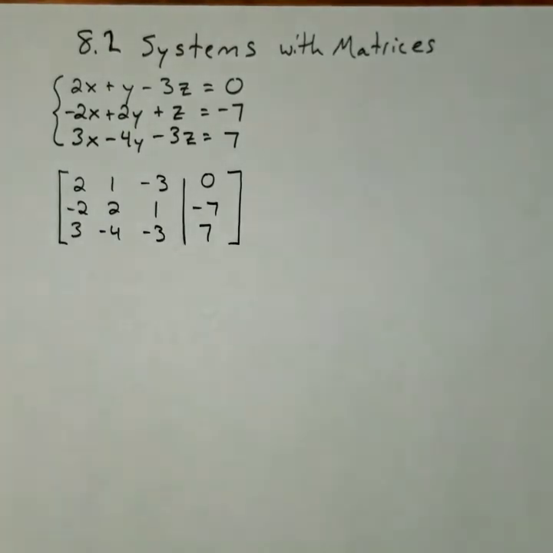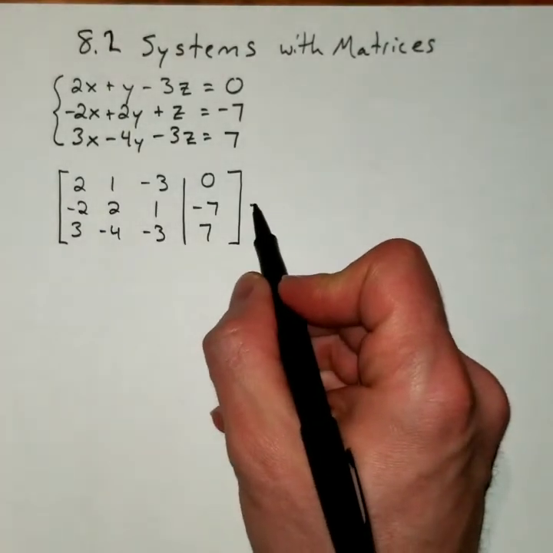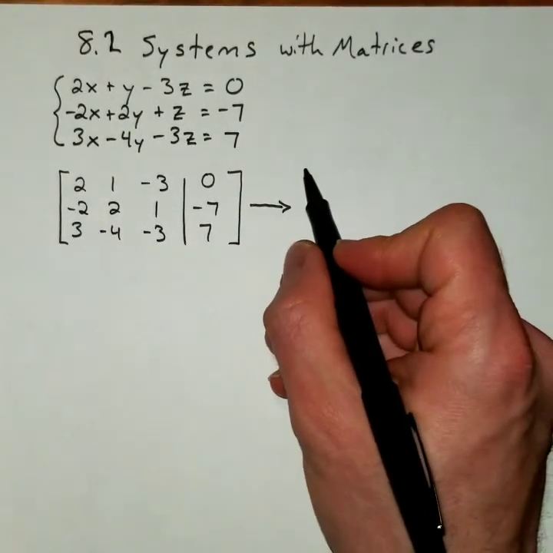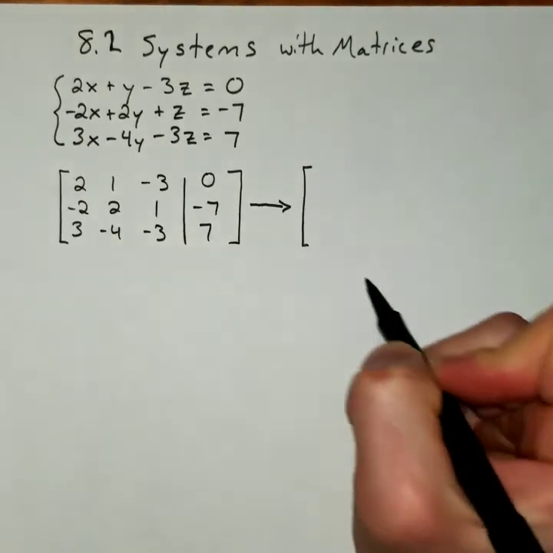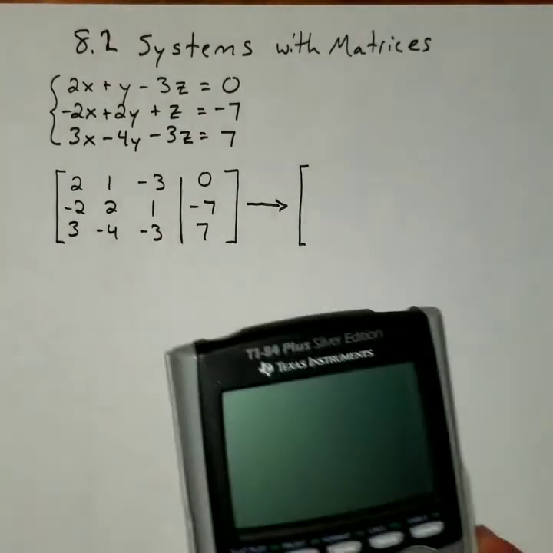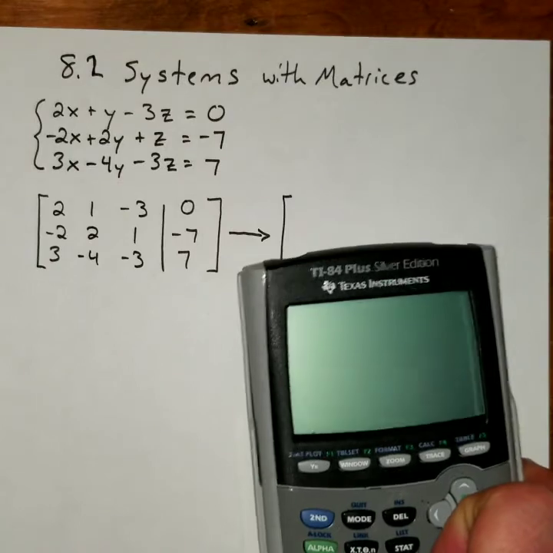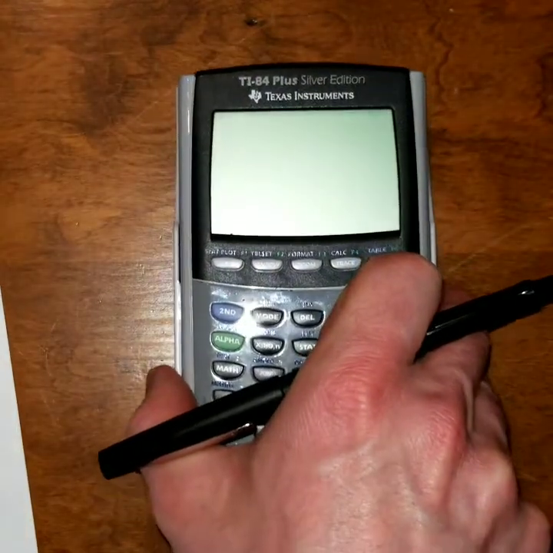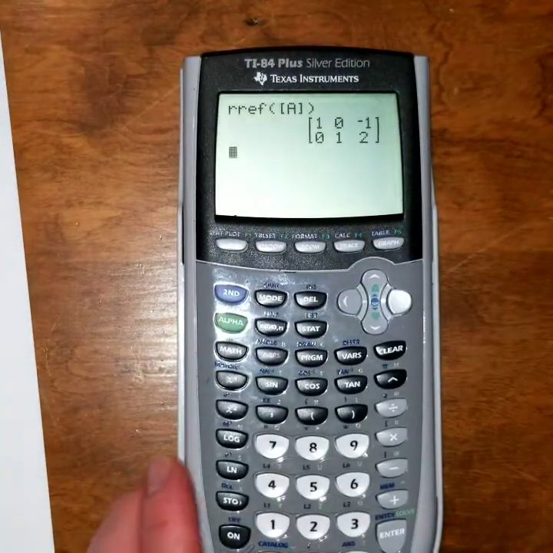There's my augmented matrix. Now the reduced row echelon form will be coming in a moment. So the next step will be done after the calculator. So let me put the calculator on the screen, and we'll just run through the process here.